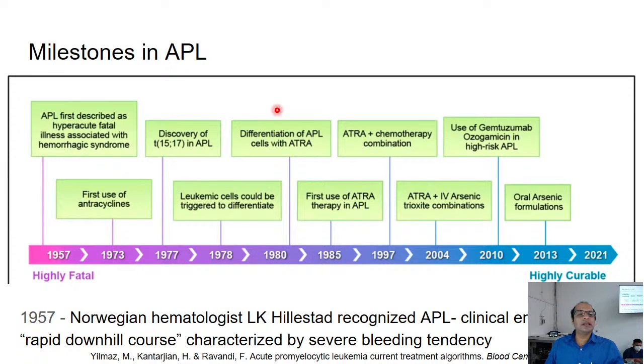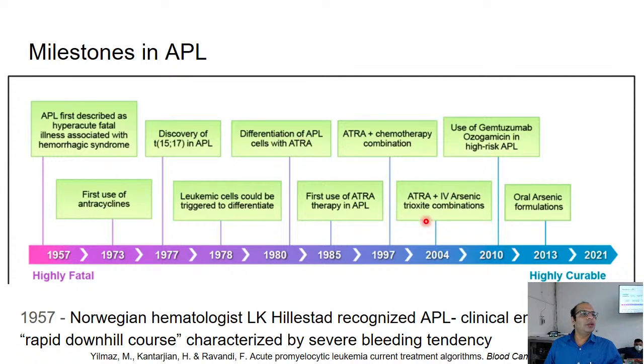Subsequently, as the pathogenesis of APL was discovered, targeted therapies came into being, and the first use of all-trans retinoic acid in APL therapy was described in 1985. After that, ATRA was combined with chemotherapy in 1997, and subsequently in the early 2000s, an arsenic and ATRA-based combination came into existence.